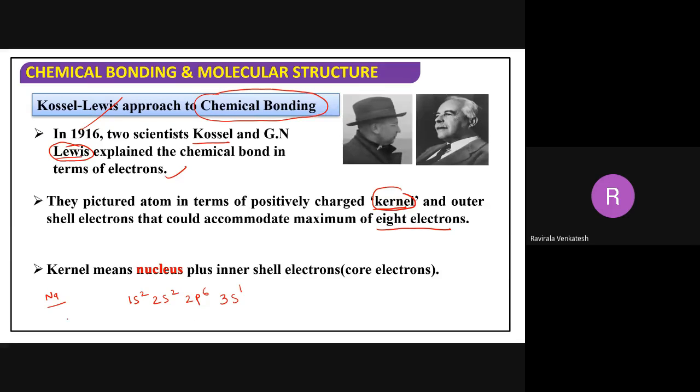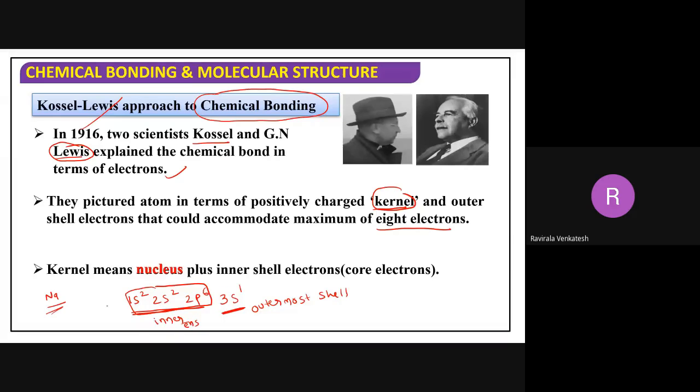This 3s1 is the outermost shell, and the rest are inner electrons. These inner electrons have an octet configuration. This core of inner electrons is what you call the kernel.